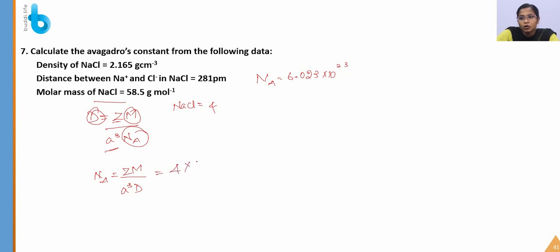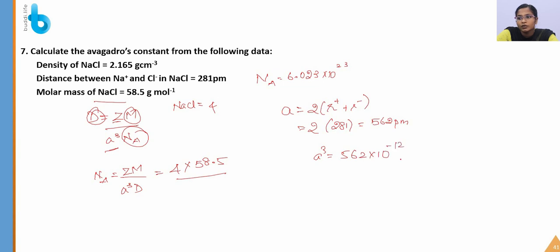The Z value is 4, the molar mass value is 58.5, and first we have to find a cube. So a is equal to 2 into r plus plus r minus. Only the distance between Na plus and Cl minus is given, so we have to find the edge length first: 2 into 281 picometer, which is 562 picometer. It is in picometer, right? So a cube is equal to 562 into 10 power minus 12 the whole cube.